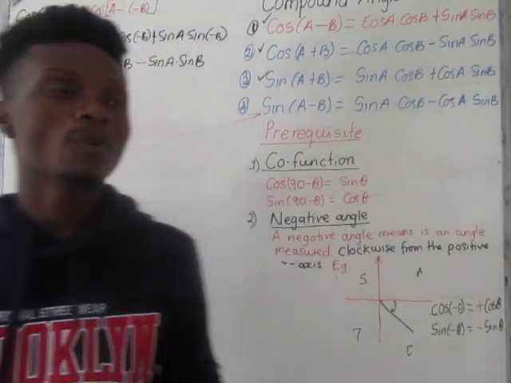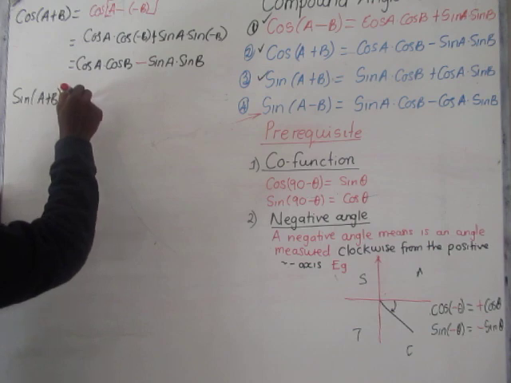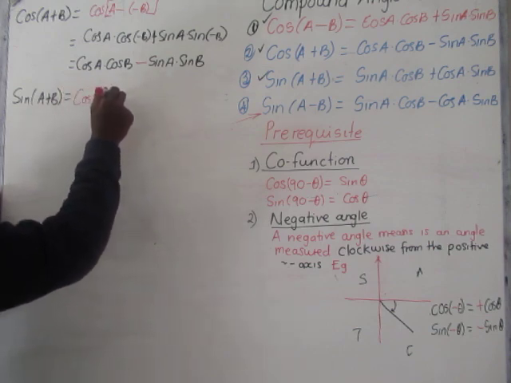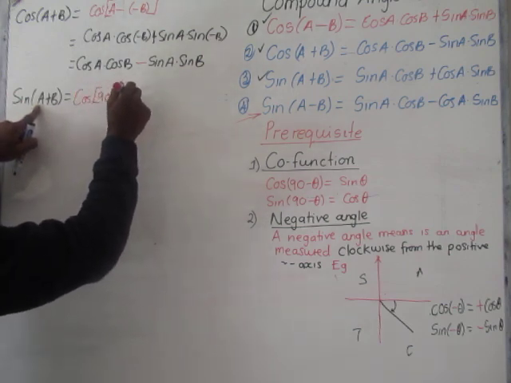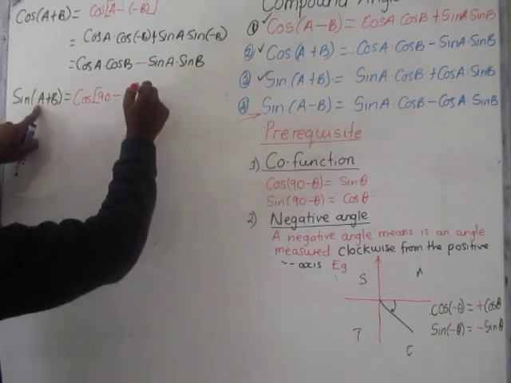That's the same way I'm going to write sine in terms of cos. So this one I can write as cos(90 − A), then we have our θ being A + B.